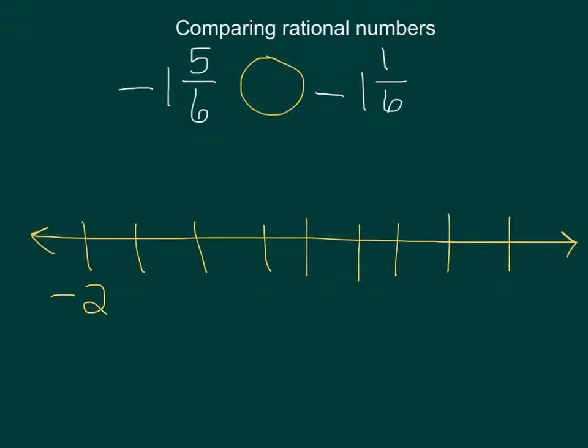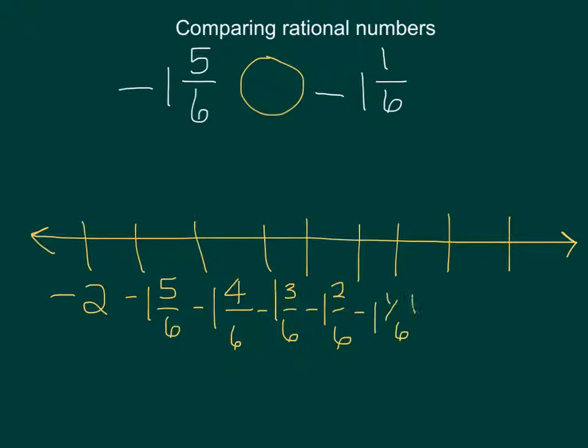So if this is -2, then this would be -1 and 5/6, -1 and 4/6, -1 and 3/6, -1 and 2/6, -1 and 1/6, and -1. So now you just can plot your points.